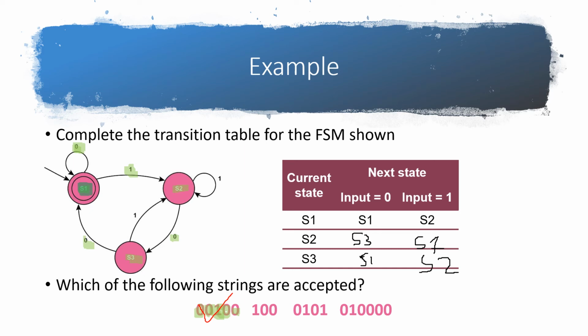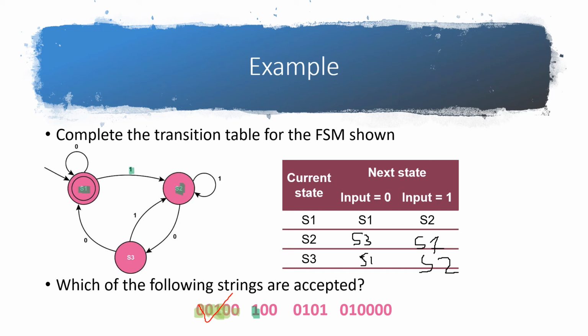Right, so the next one, we just rub these out. So the next one then, we have got a 1 as the first one there, look. So we're going to move from S1 to S2 using that one.